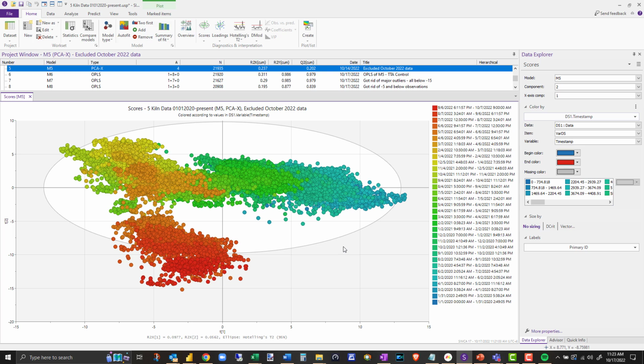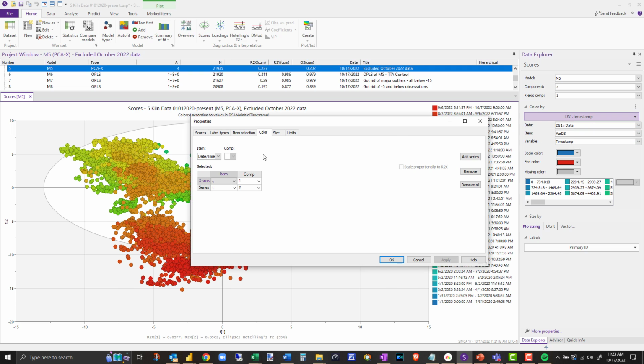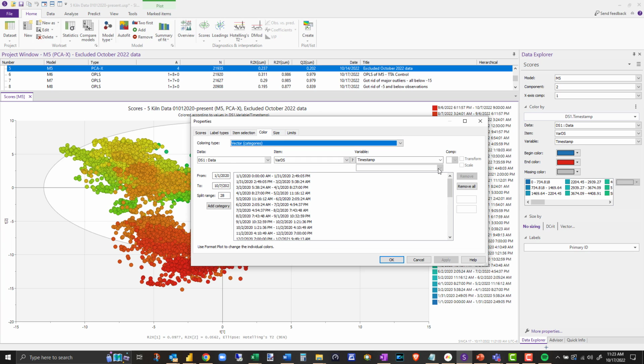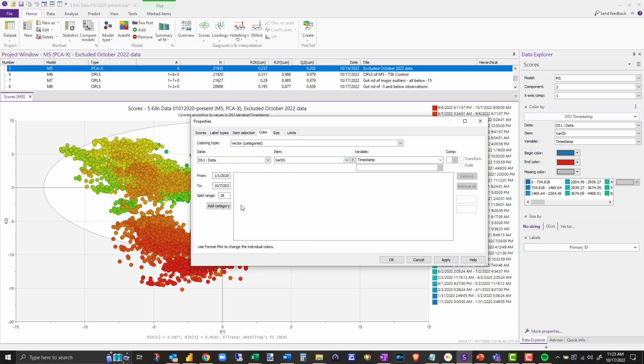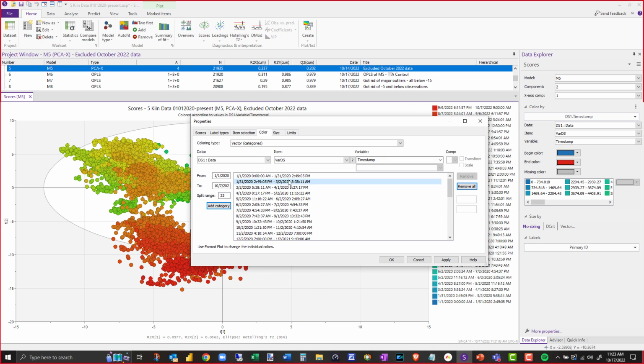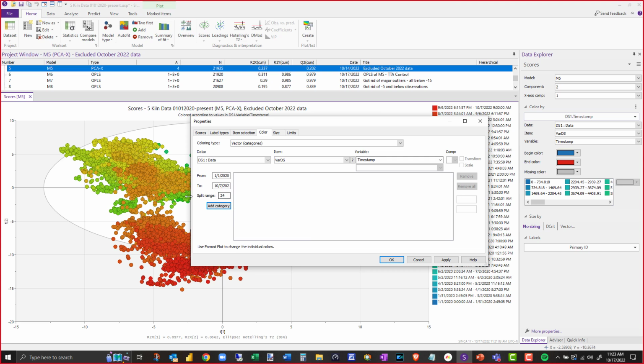But one of the things I wanted to show was the color by category. I was wondering how they move over time. When you do it, you just say, I want 33 categories, and I played with the number until I got about what I wanted. So if I only wanted 24, for instance, I'd remove these.